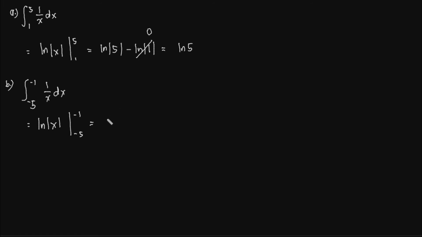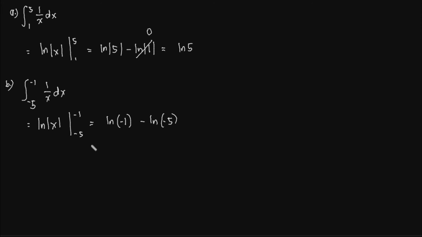So if I have the natural logarithm of -1 minus the natural logarithm of -5, you might be saying na this is quite impossible kasi you can't take the natural logarithm of a negative number. And that is true if you're trying to perform the operation on each term only, no?